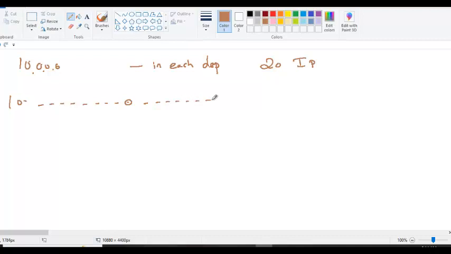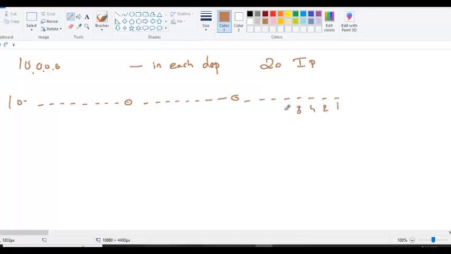Now, if I want 20 IPs, how many bits do I need to keep for myself? You can use the same formula, 2 to the power of n minus 1. Or you see another easy way: 1, 2, 4, 8, 16, 32, 64, 128.